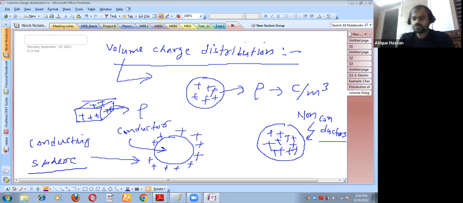So we will jump to the questions after these discussions, and we will get a better idea by solving questions. That is the main concept of these classes. We are getting concepts by solving questions. Whenever theory is required, I am going to dictate. All right. So volume charge distribution: in volume charge distribution, we are distributing charge within a volume.